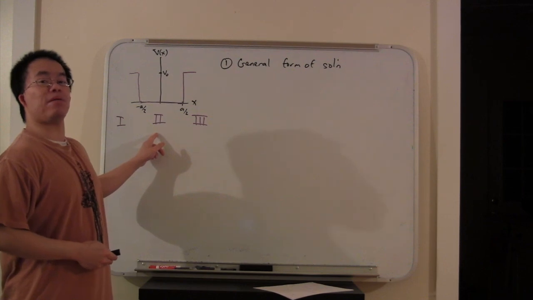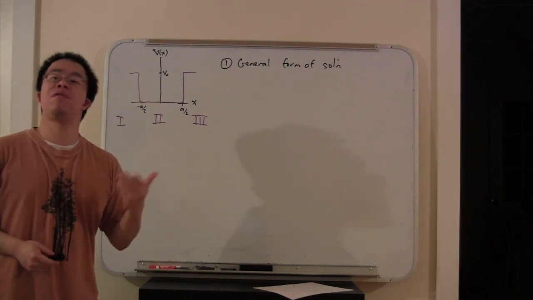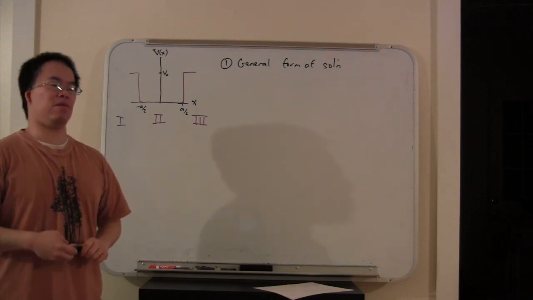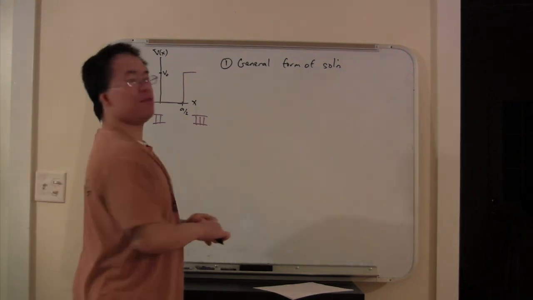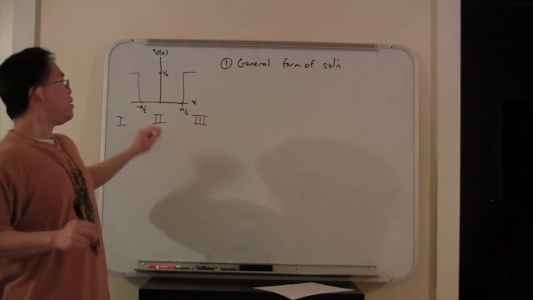Let's start off by looking at region 2, which is similar to what we saw before for the infinite square well. Now, in region 2, the potential energy is 0, right?